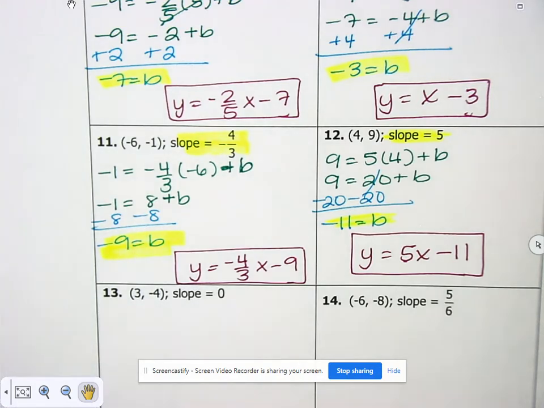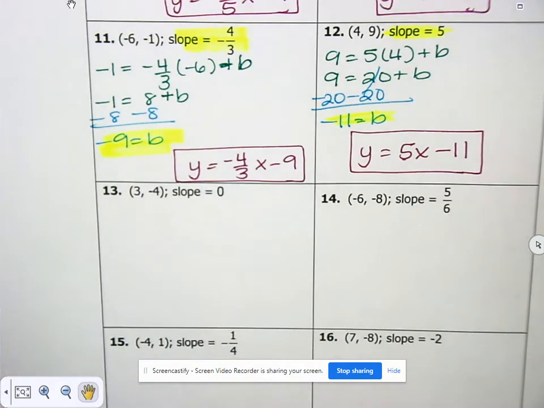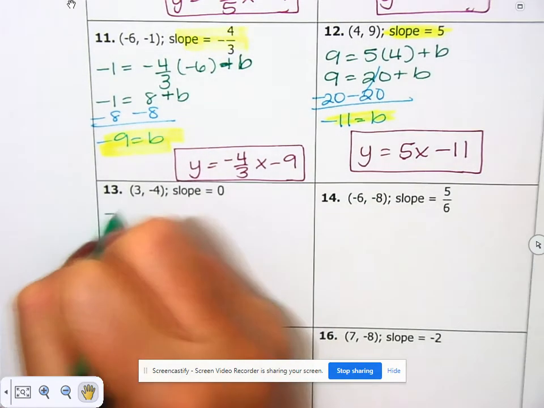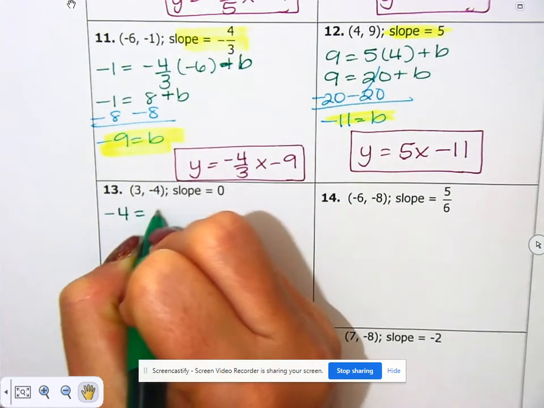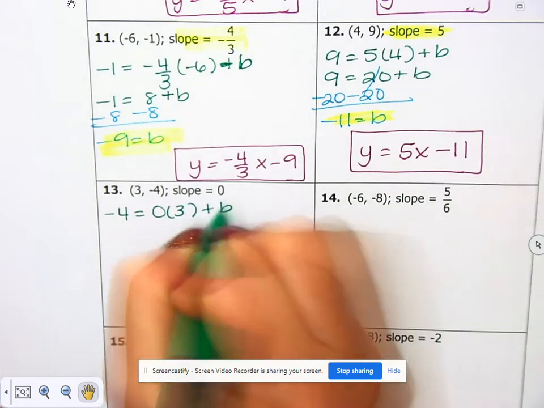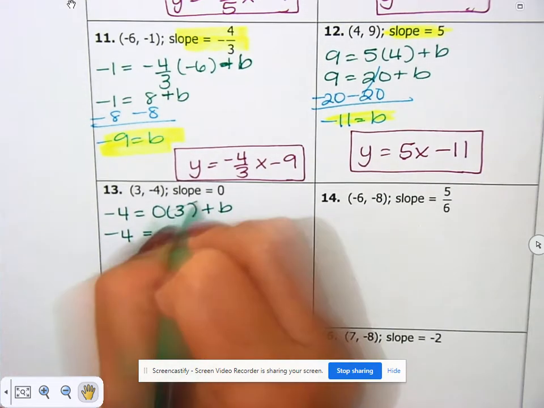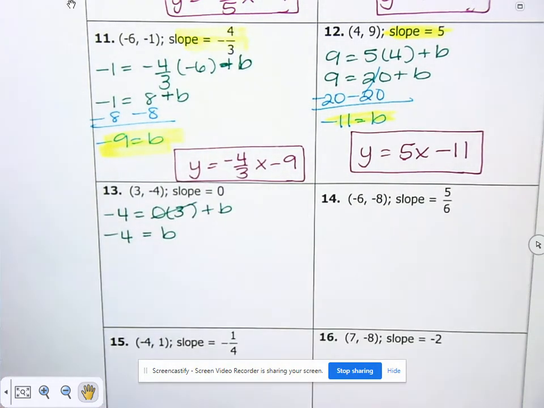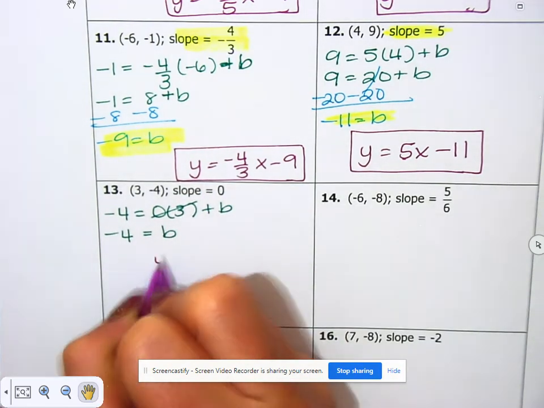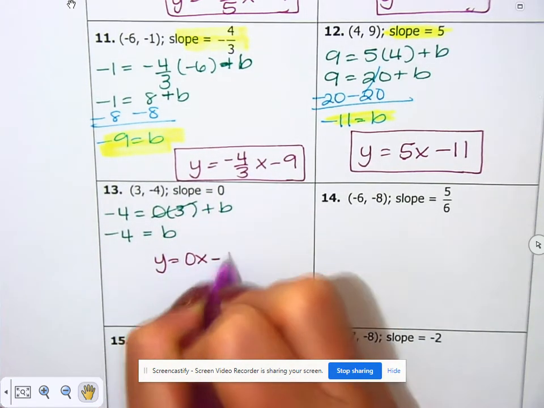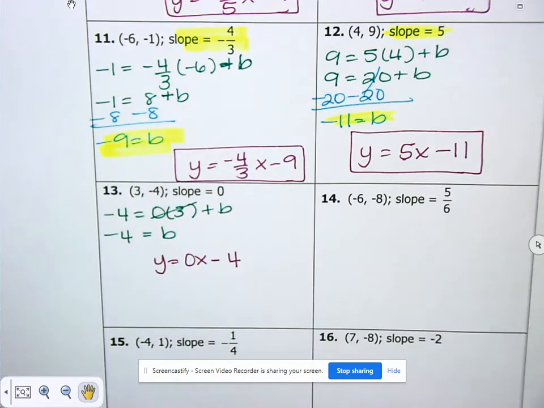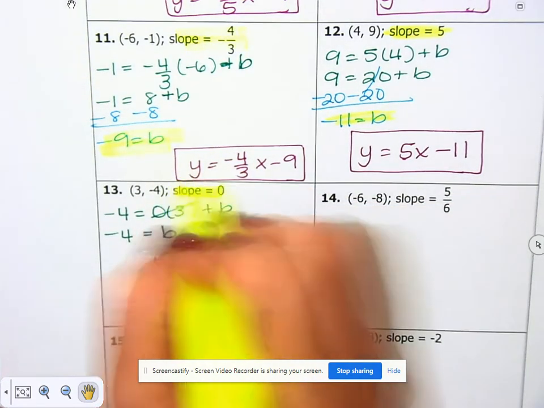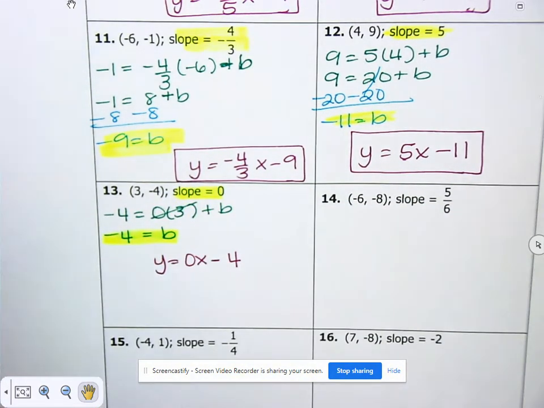All right. 13, it's going to be a little different. It's one of our special ones, okay? So whenever I do this one, I'm going to do it just like normal. Okay, so if I go back and I write y equals 0x minus 4, remember 0 times anything is just 0.